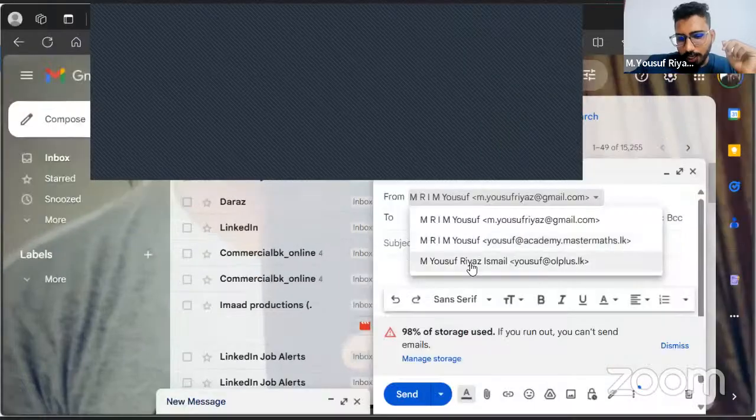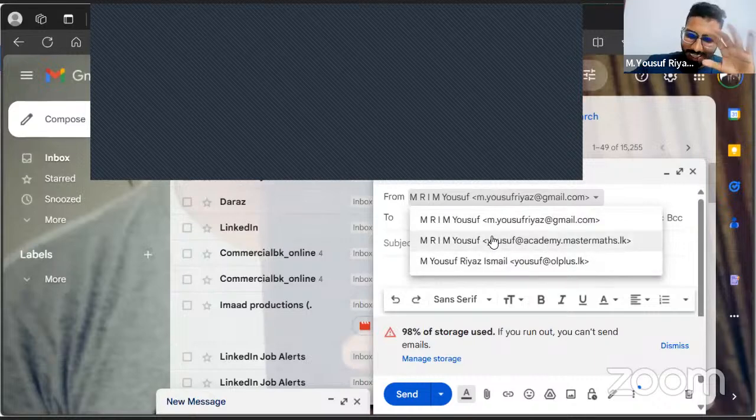I can choose what email address to send the email from. But technically, the from person only can see all the recipients. That's the funniest part.